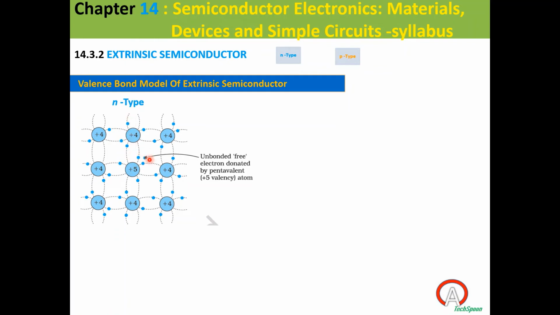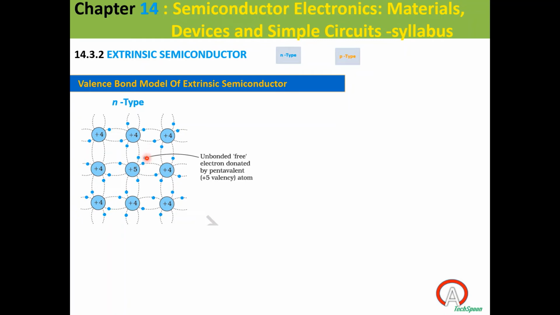So one electron is left. It is free. There is no covalent bond for the 5th electron of that impurity. So this can easily move to the conduction band. Yes or no?